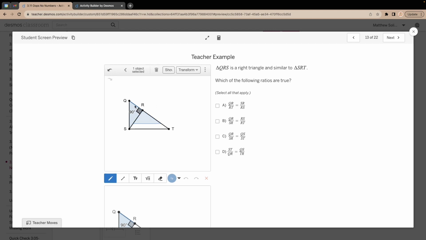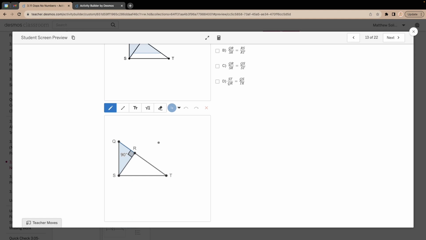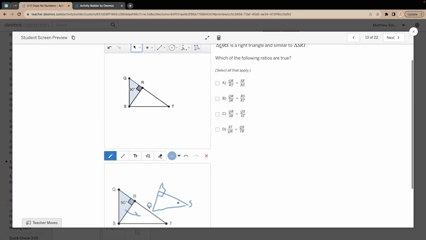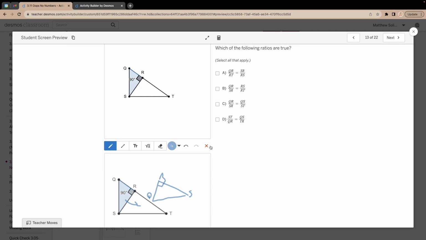So if I was going to rotate this triangle, I'm going to rotate this blue one. So this is R, S, and Q. So I just rotated that triangle to make it match up a little better. So RS matches up with RT.